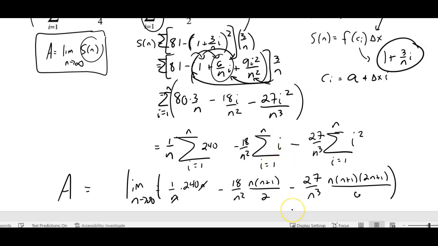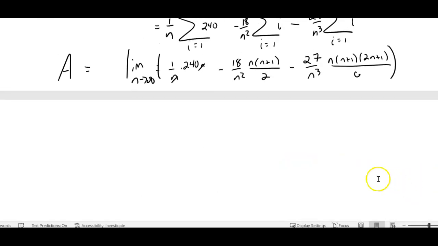So let's do a little bit more algebra. That's going to be 240 as n goes to infinity, just stays 240. This one will reduce to 9, 2 into 2 once, and 18 9 times.